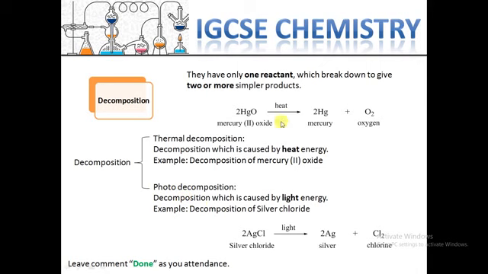Or instead of heat, you can give light as the energy. Like here you have silver chloride. If you give light, then silver separates from the chlorine and they produce two simpler products.